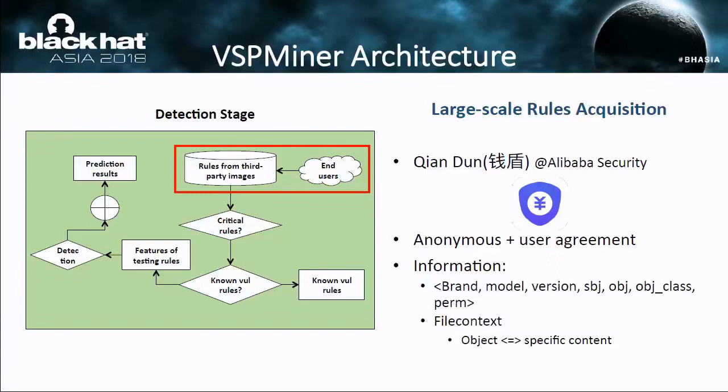And we also collect the file context information, because with the help of this file context, we can map the object to the concrete objects. And this will be used in the vulnerable rules analysis.